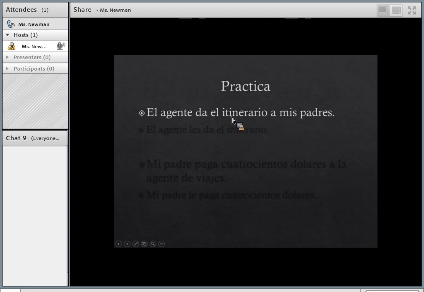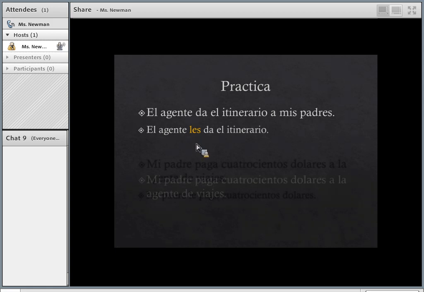The direct object is the itinerary. That's what he gives. To who does he give it? A mis padres. So, think to that chart. We're using les to replace a mis padres. Les means them. El agente les da el itinerario. And remember, it's going to come before that conjugated verb.